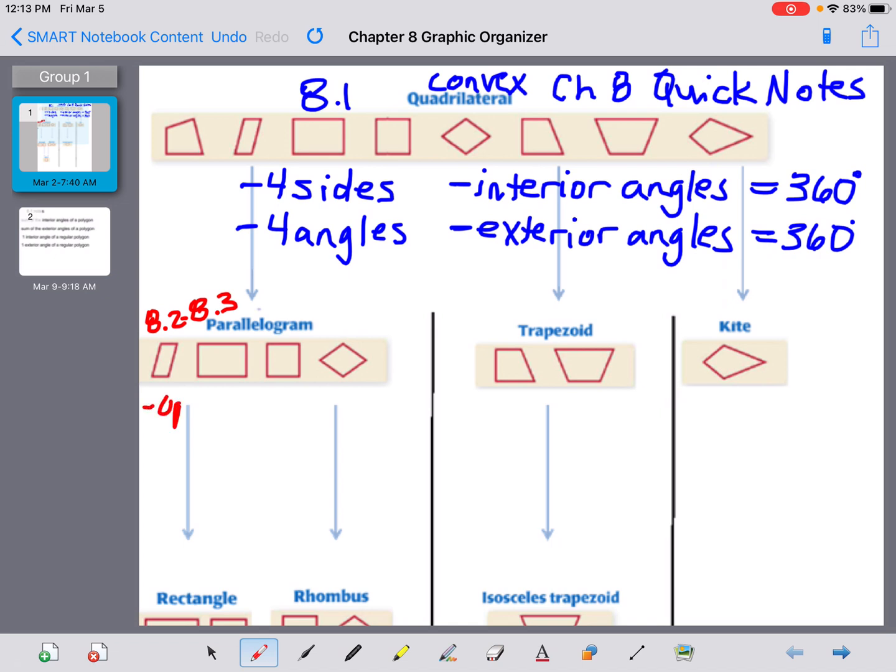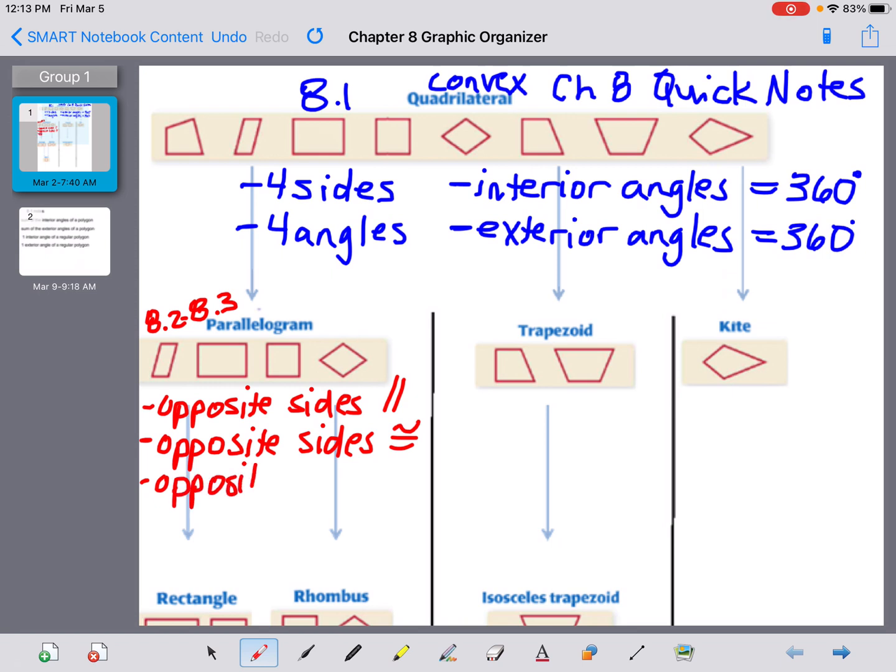The first thing is, by definition, the opposite sides are parallel. That's true for all parallelograms, okay? Then we had properties like opposite sides are congruent, okay? So they have congruent opposite sides. We know that the opposite angles are congruent.